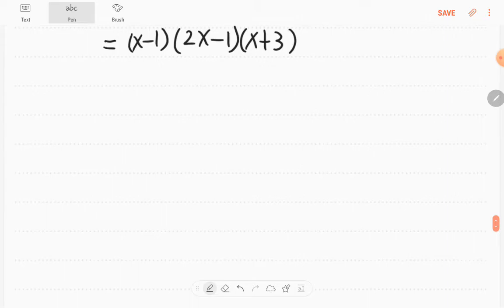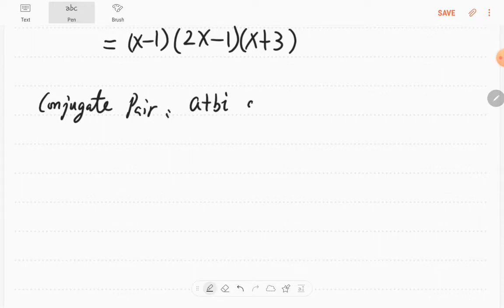So before that, let's review that this is called a conjugate pair. Conjugate pairs, which are a plus bi and a minus bi. This is called a conjugate pair.